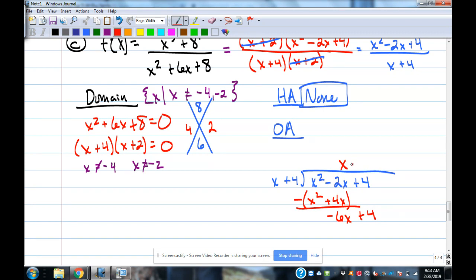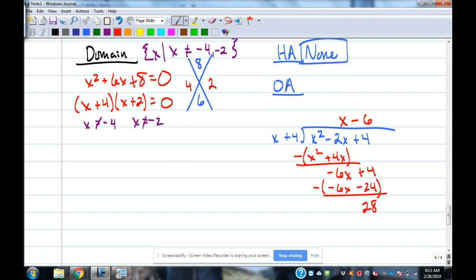X. Negative 6. Subtract. 28. The part that matters is this part. Our oblique asymptote is at y equals x minus 6. This 28 here, that's the remainder. It really doesn't matter. Okay.